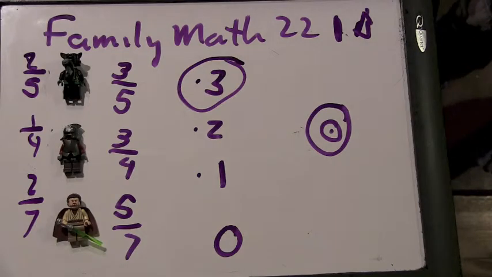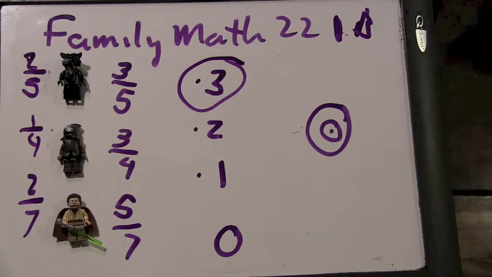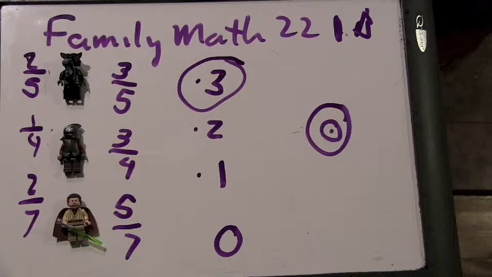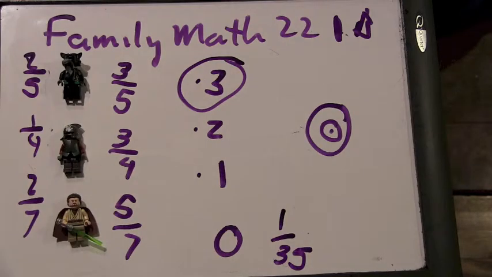You get 4/140, you mean? Yeah, 4/140. Does that simplify at all? Well, you could take a 2 out of it, and then it'd be 2 out of 70, and then we can go down to 1 out of 35. So the probability that they all miss is 1 out of 35.